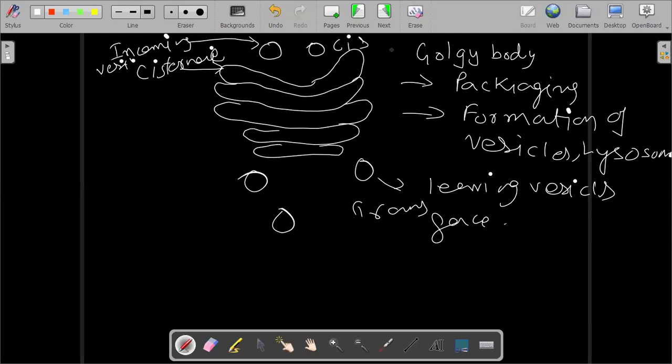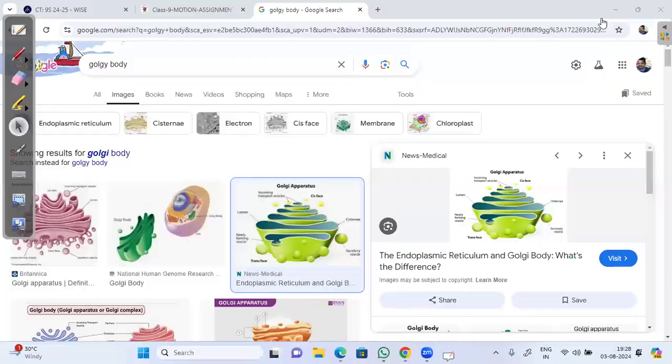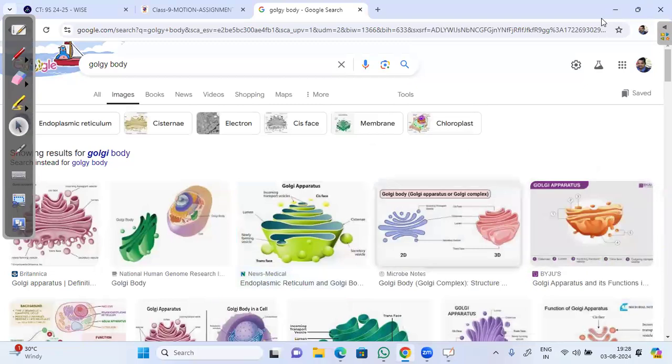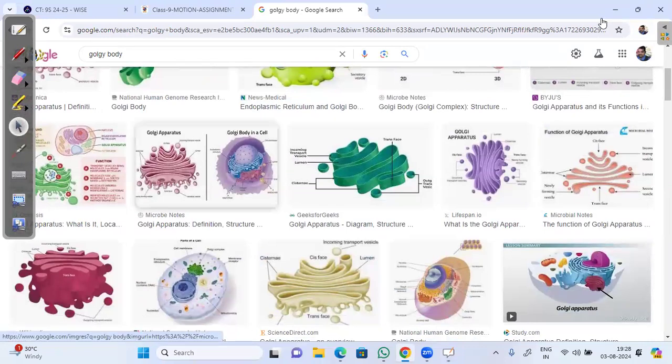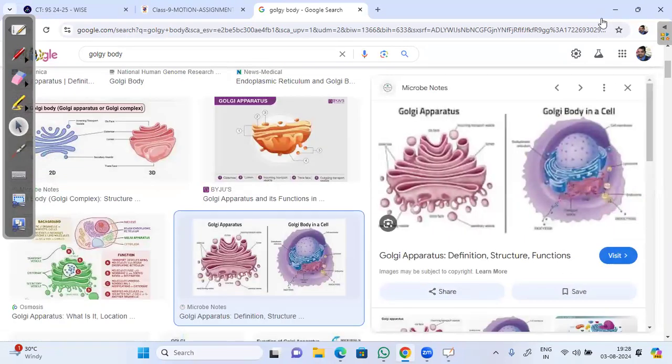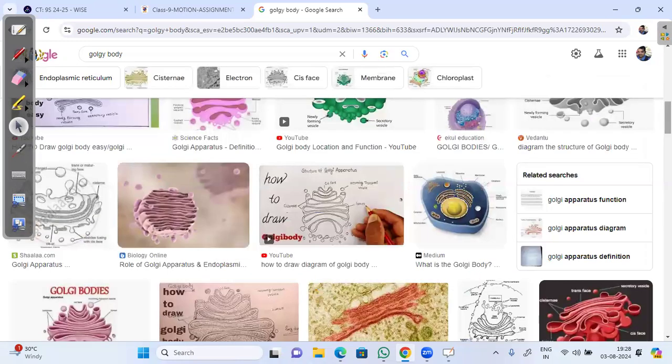Okay, so just draw a diagram of the Golgi body quickly, as shown here. Draw a good diagram. I'm showing you a good diagram, so draw it like that. I want a clear diagram of the Golgi.